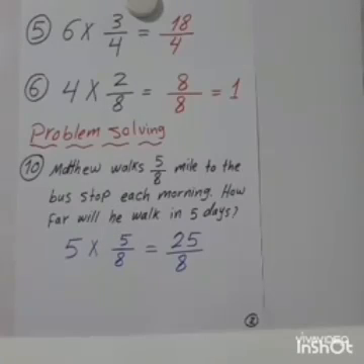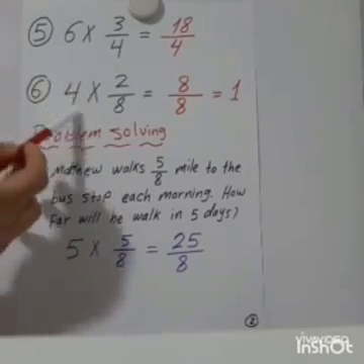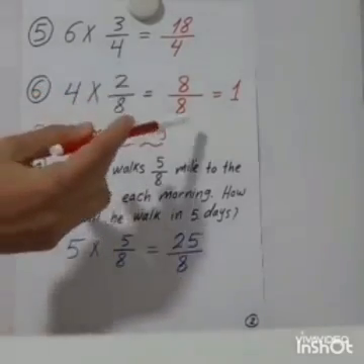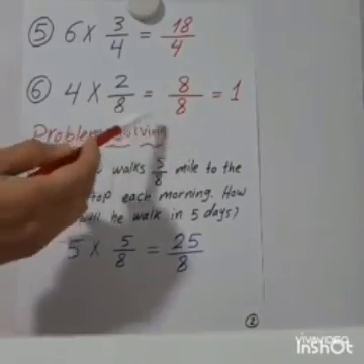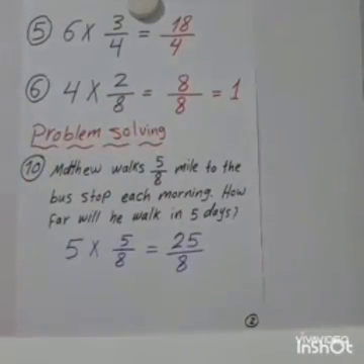Let's see number 6. 4 times 2/8. I will take 4 as a whole number times 2 equals 8, and then I'll put 8 as it is for the denominator. So 8 over 8, do you remember? Any number over the same number will be 1. So 8/8 means 1.